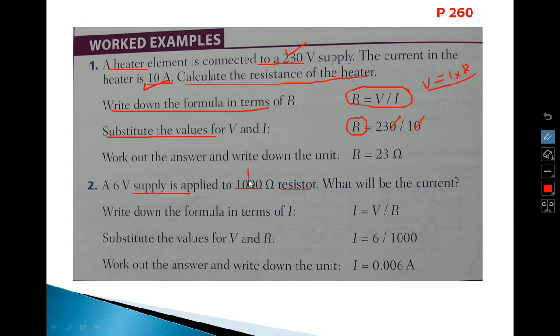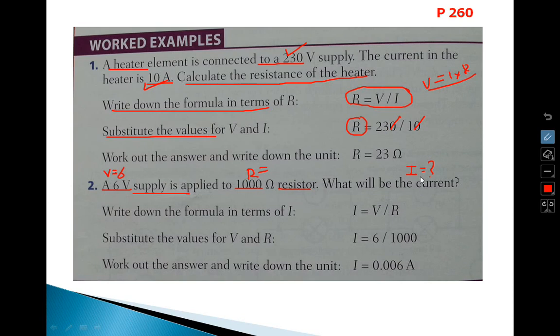So R is given in the question. What will be the current? I is unknown, and we need to find it. V is equal to 6, and R is equal to 1000 ohm.